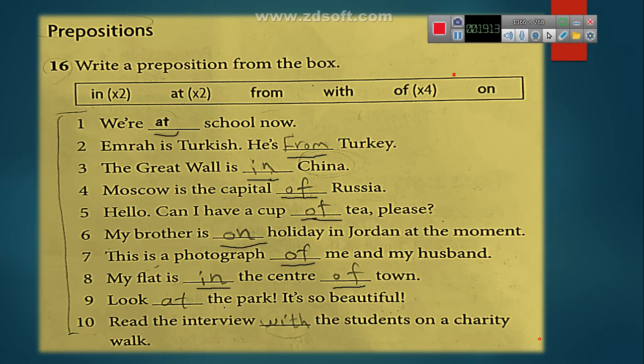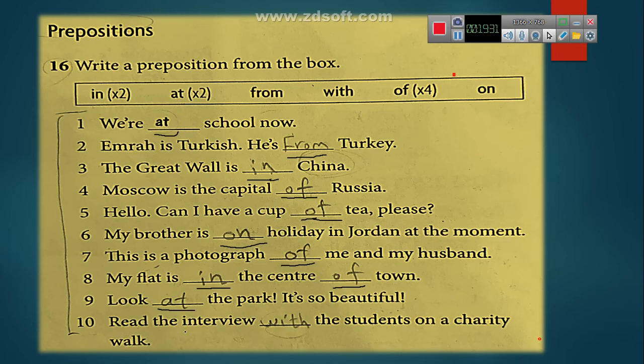Yes, look at the park. It's so beautiful. Yes, here "look at" refers to the place.